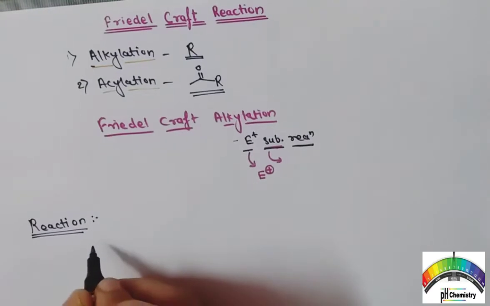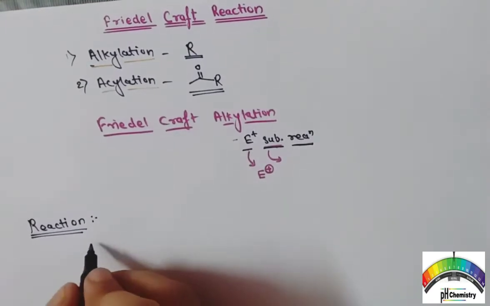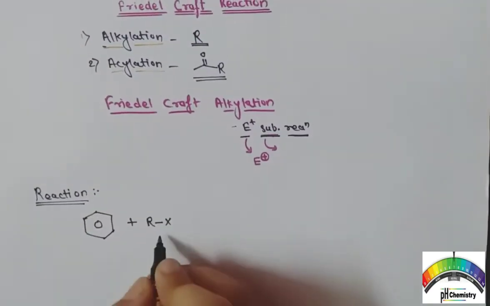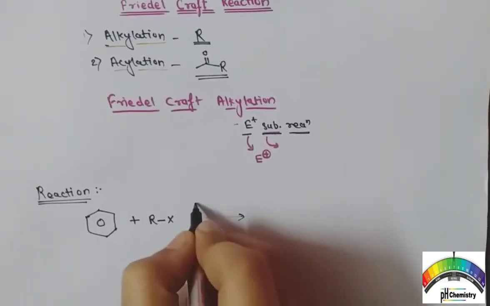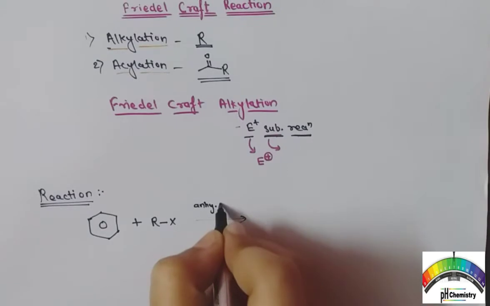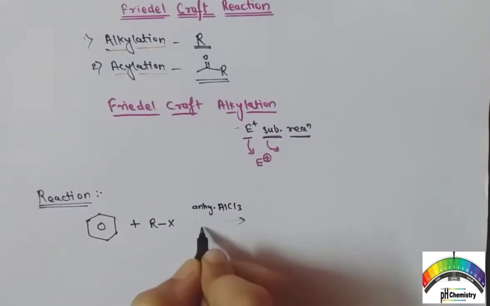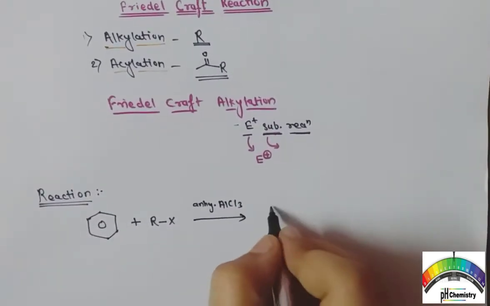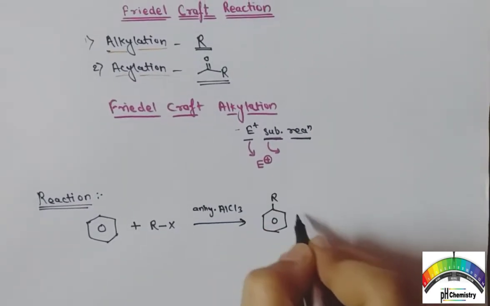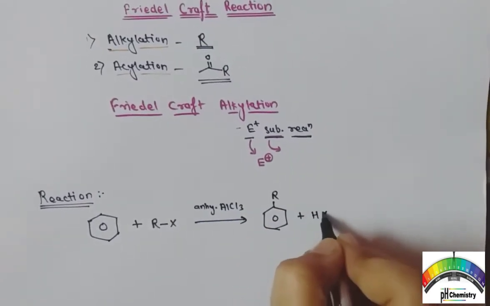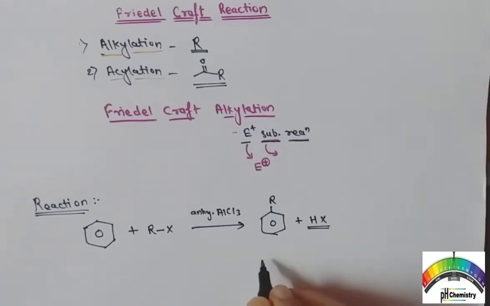I'll write a reaction of Friedel-Crafts alkylation. When benzene reacts with any alkyl halide in presence of anhydrous AlCl3, the product will be a derivative of benzene and hydrogen halide.